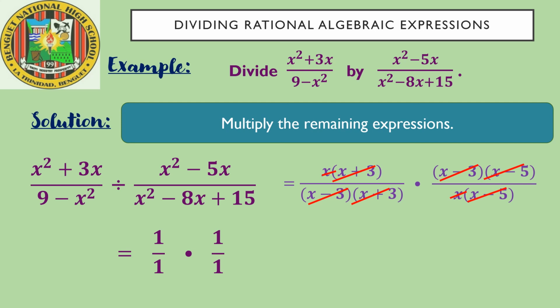So from our expressions, what remains is 1 over 1 times 1 over 1, which results in 1 over 1, or simply 1. This only shows that even if a problem looks complicated, there can be a simple answer for it. How about you? What have you learned from this example?